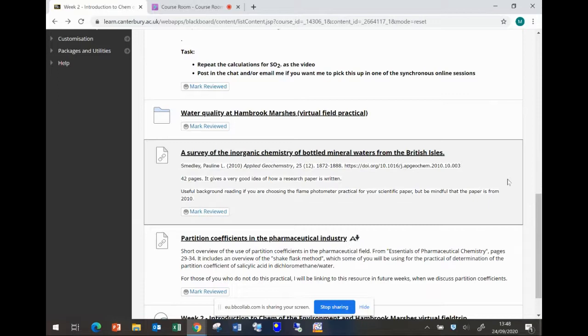Just be mindful, whichever your scientific paper is, if you're using this paper as one of your potential references, it's a paper from 2010. Some of the legal limits it mentions, 10 years have passed.